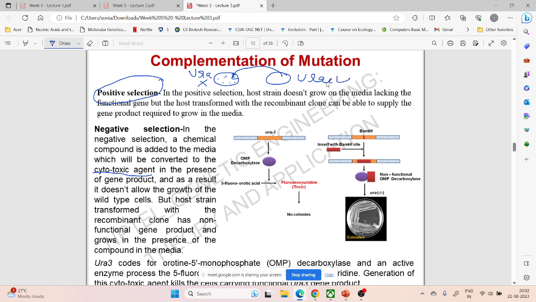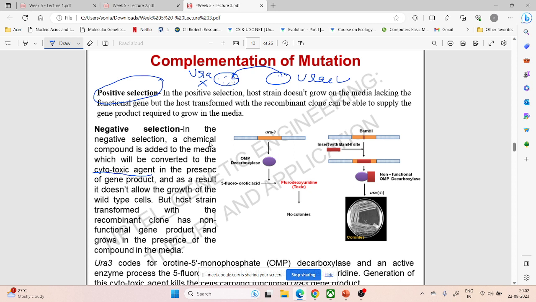But the host strain transformed with the recombinant clone has a non-functional gene product and grows in the presence of the compound in the media. That means here the host strain was able to grow.